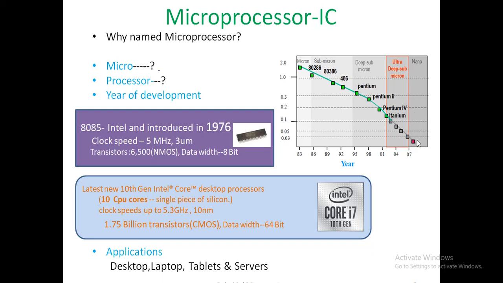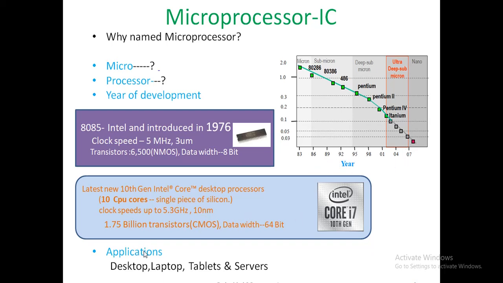In nanoscale these days, they are manufacturing this i7 processor with 10 nanometer technology. Work is still going on to fabricate the processor with 7 nanometer technology. We hope that in the year 2022 the processor will reach a size of 7 nanometer.